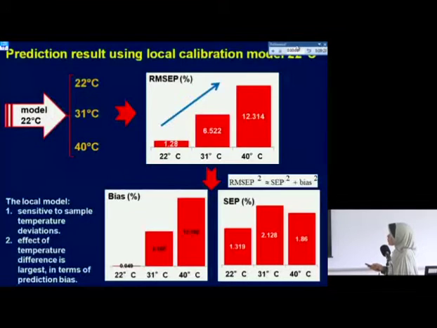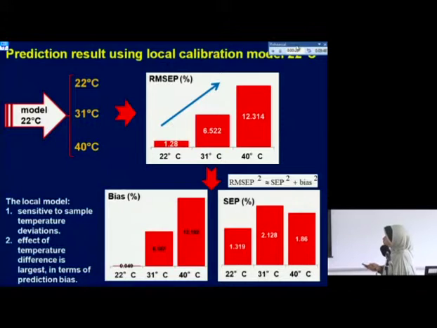Then the performance of the local calibration models was evaluated in the prediction step. First, using local calibration at 22 degrees Celsius, we can see that the total error of prediction gradually increases with the increase of temperature.